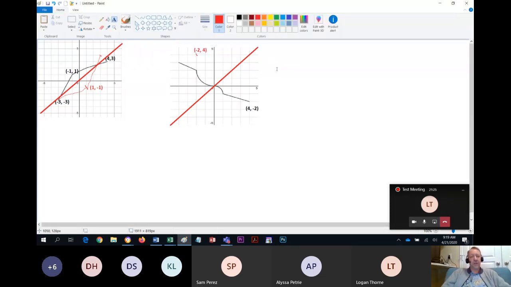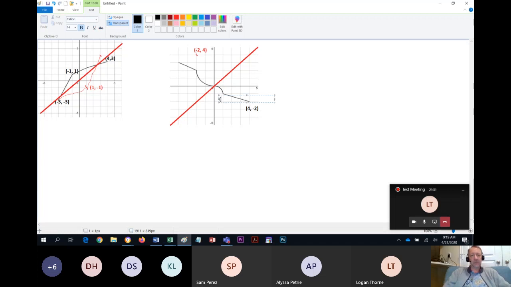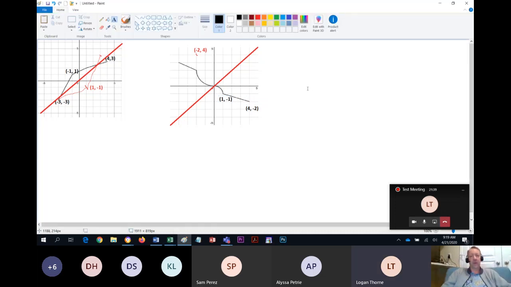Now let's figure out the next point, which is this one here. So this point is what? 1, -1. So the inverse of that point will be -1, 1. So that's going to be this point, -1, +1, this point here.